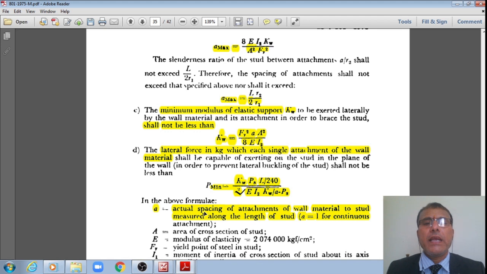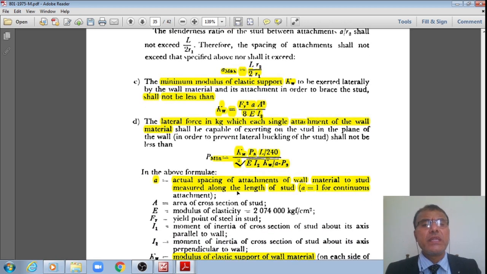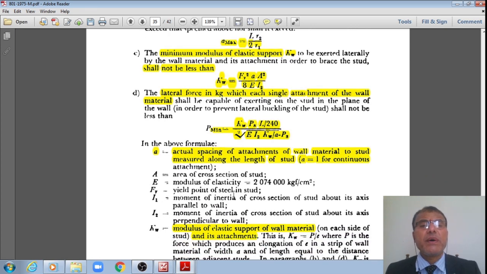And the lateral force in kg which each single attachment of the wall material shall be capable of exerting on the stud in the plane of the wall is given by this formula. P minimum is equal to KW PB L divided by 240 under root EI2 KW divided by A minus P3. However, in this formula, A is equal to the actual spacing of attachment of wall material to stud measured along the length of the stud.